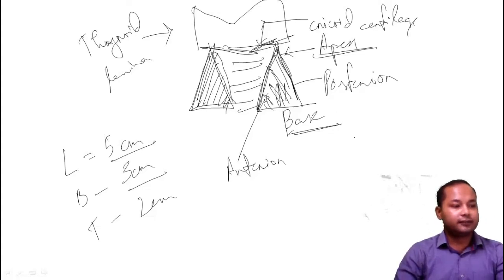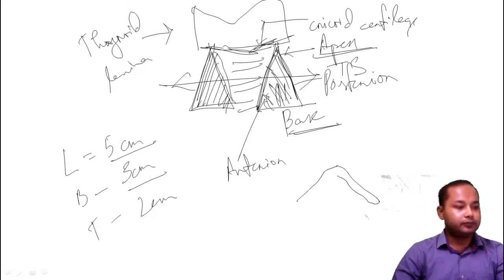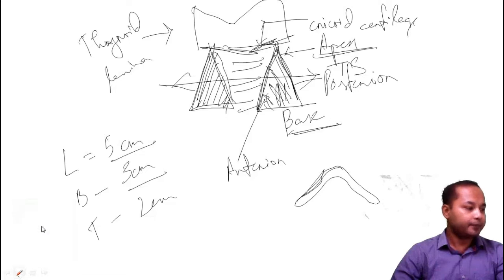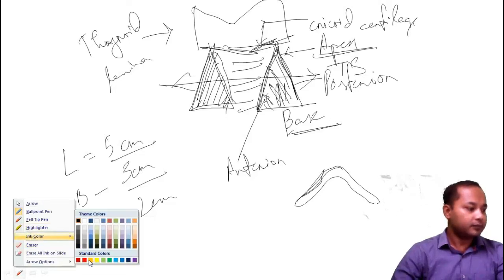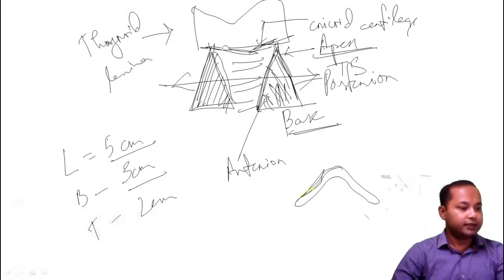Let us look at the surfaces. If I take a transverse section at this level, a TS, suppose this is the thyroid lamina, the thyroid cartilage. I will mark it in yellow.